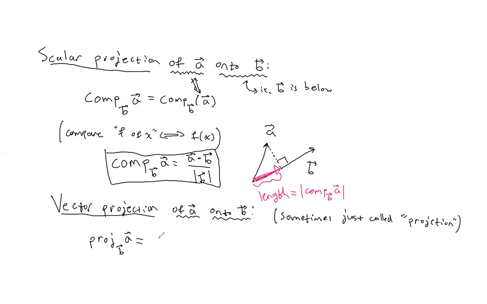And what that actually is just A dot B over the magnitude of B squared, right?